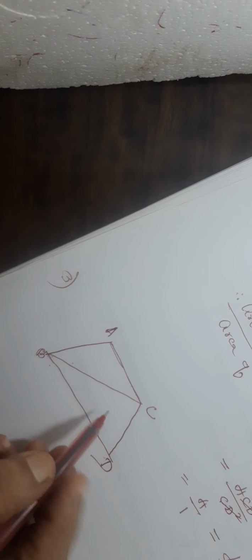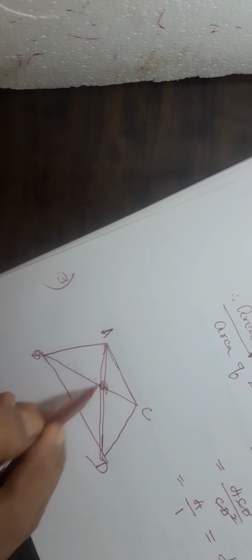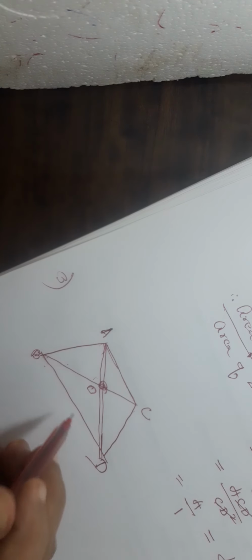If AD intersects BC at O, so AD intersects, we have to join here, and here it is O. So AD intersects BC at O. They have given. Show that. What to show? So to prove that or to show that, we have to write at the side there. You have to write here actually.